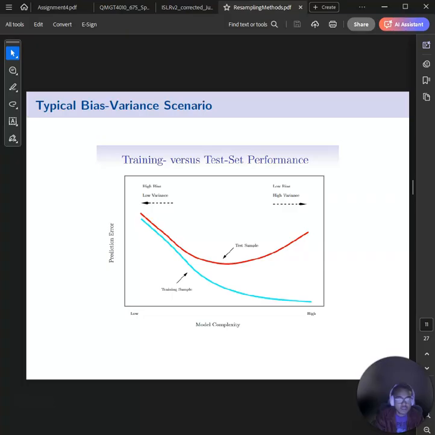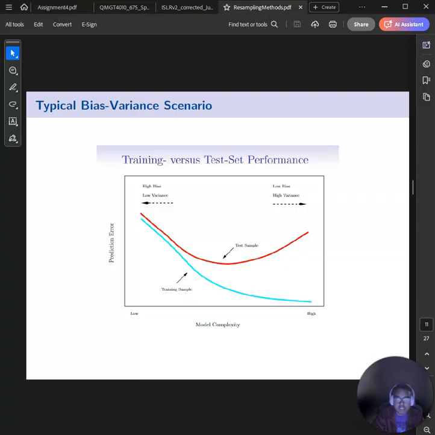So let's take a look at this graph that illustrates the typical bias variance scenario. This visualization really helps us understand what happens as we increase model complexity. The horizontal axis shows model complexity from simpler models on the left to more complex models on the right.